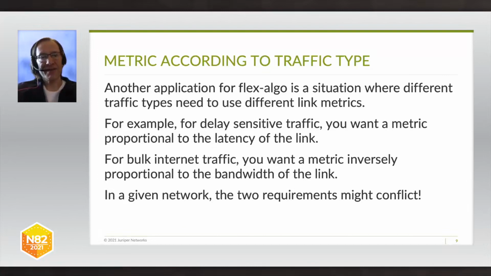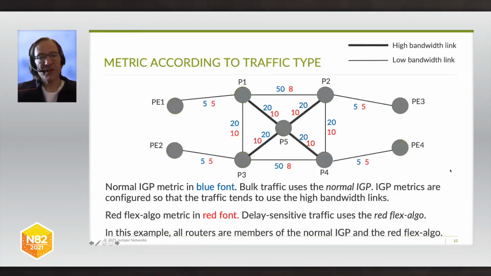And so if you're perhaps merging networks, these two requirements might conflict. With a single IGP topology, you can't set a metric on each link in such a way that it satisfies both of these different styles of traffic. And so this is where flex algo can help a lot. In this diagram, we've got a network, and we've got these two different types of traffic.